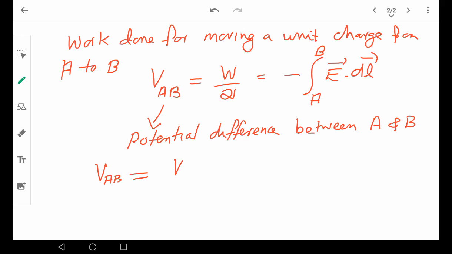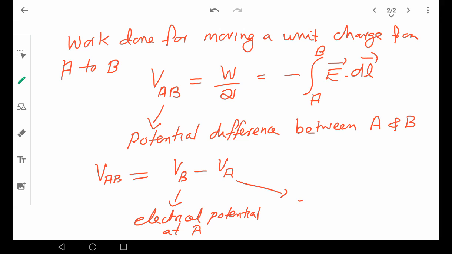You can write it as VAB equal to VB minus VA. So VB is the electric potential at B, and VA is the electric potential at A. So VAB is VB minus VA.